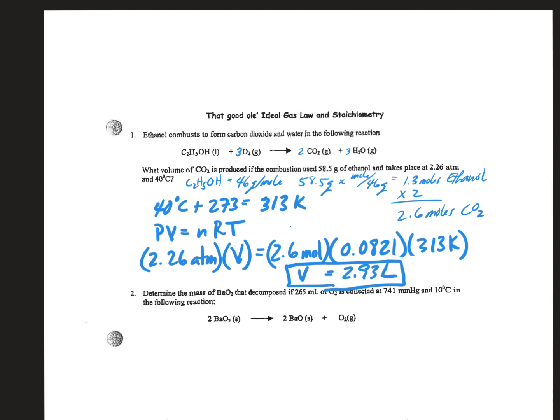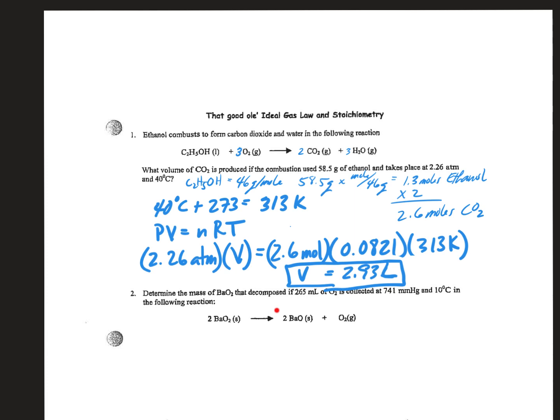And I'll be honest with you, I haven't memorized the R value for working with pressure in millimeters of mercury. So what I'm going to do instead is I'm going to convert millimeters of mercury to kPa, all right? And then we can work from there. This is 10 degrees Celsius, so we'll need to convert that to Kelvin. So there are a few things.